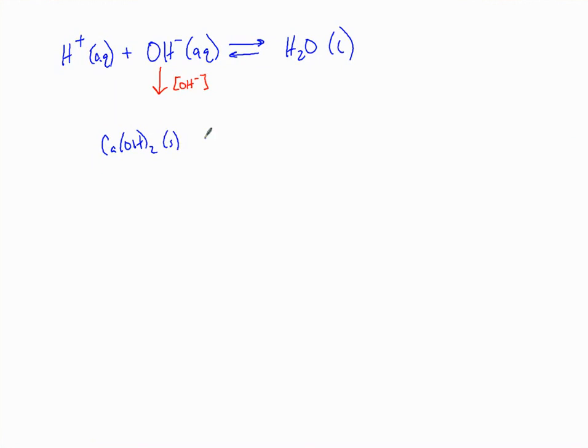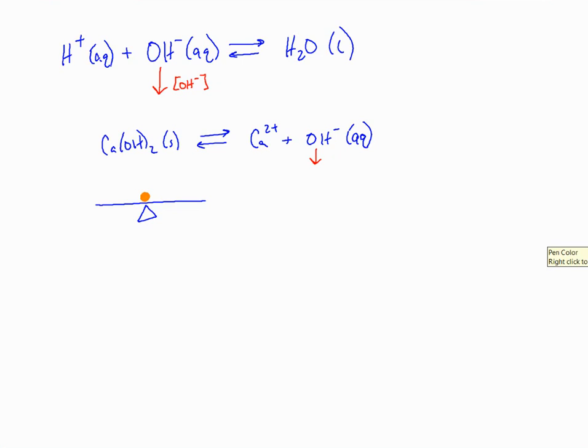Here's my original equation, calcium hydroxide. So here is my teeter-totter at equilibrium, and here's the basketball sitting in the middle over the bar. So what we are doing is decreasing the hydroxide.